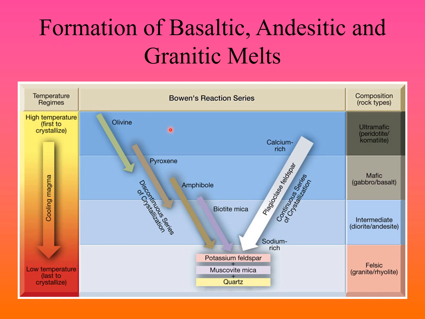And so again, to look at the Bowen's reaction series, the way you produce basaltic, andesitic, and granitic melts basically is kind of moving up the series backwards. So you imagine a solid rock like a granite or a gabbro or something like that. As you start to increase the temperature towards melting, the first things that are going to melt are quartz, muscovite, and K-spar.